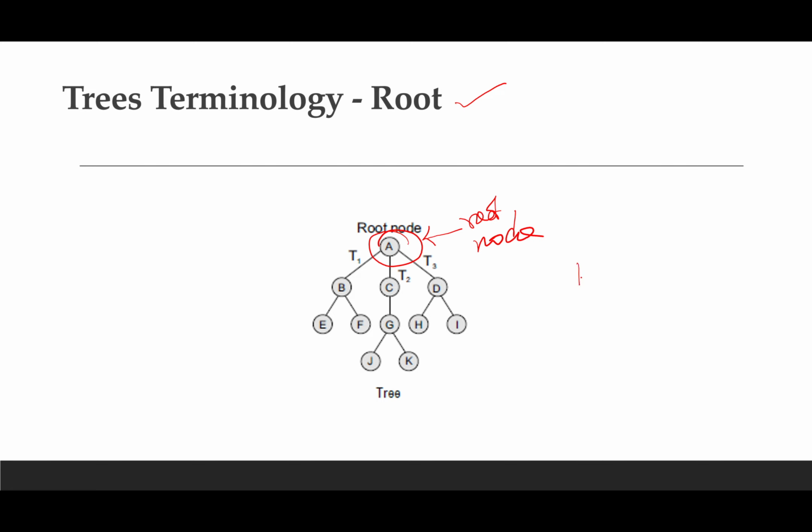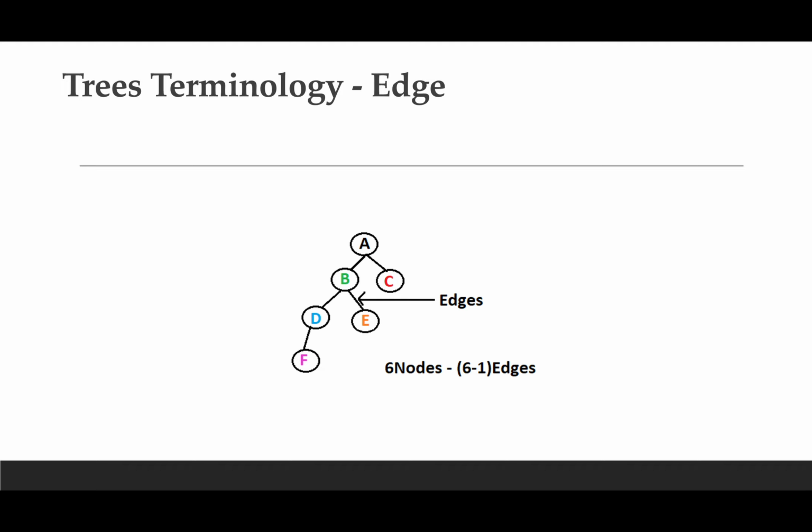If r is equal to null, the particular tree is empty. Here we are representing the root as r, and if r is equal to null, the tree is empty.